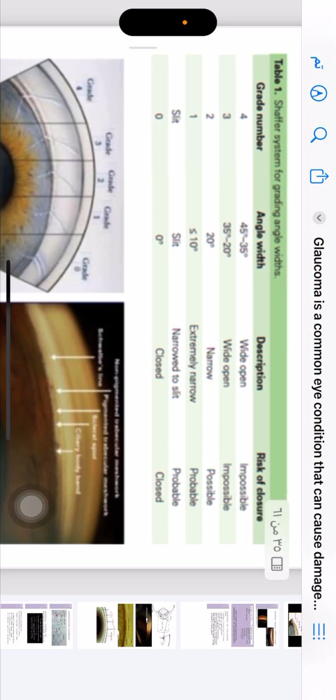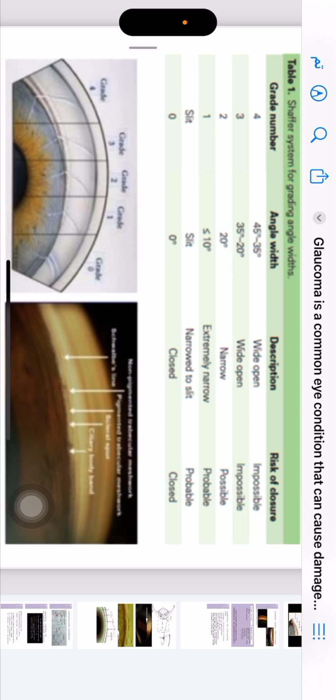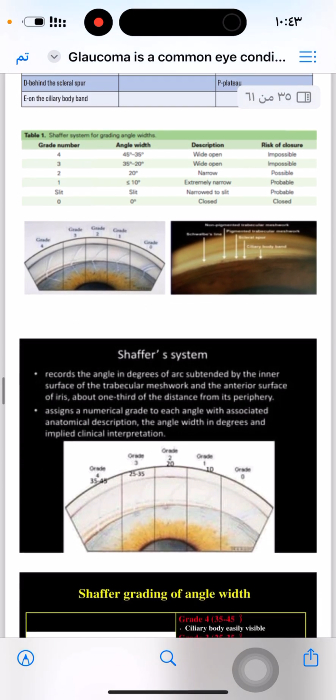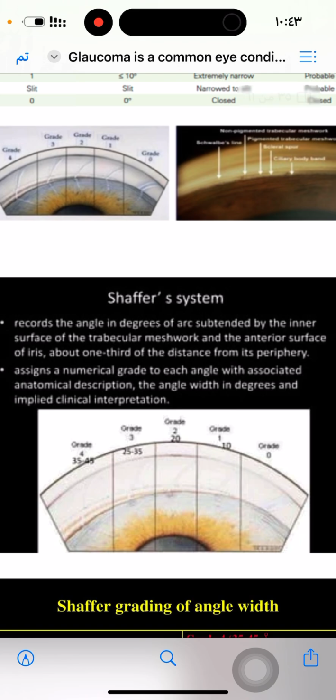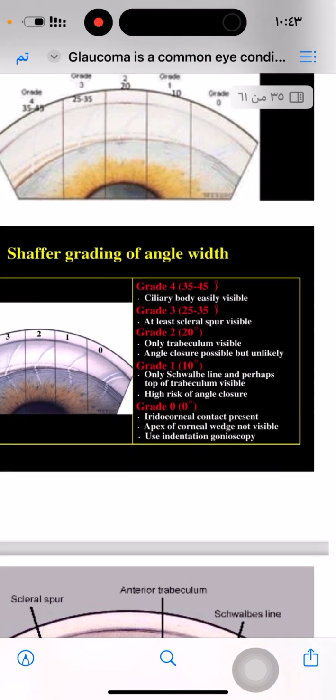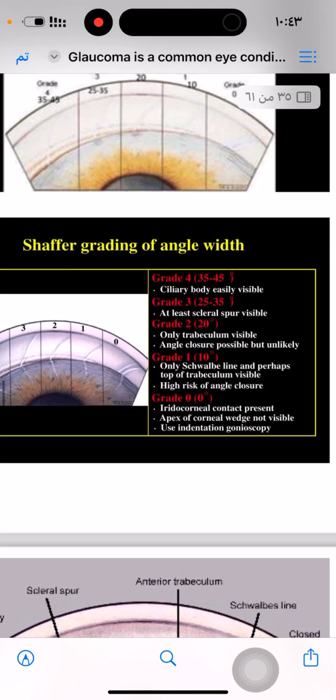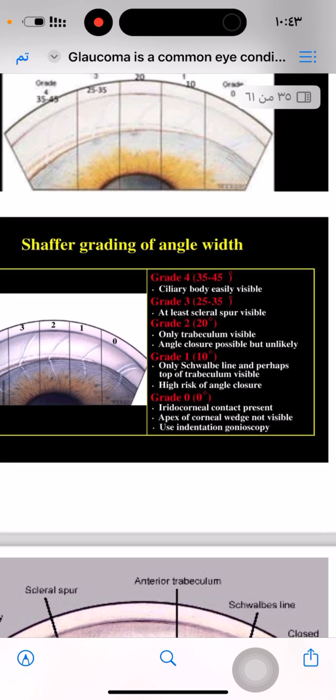We measure the angle according to this diagram, and according to this we usually detect the risk of closure. So easy. Shaffer's system records the angle. We will measure the angle and put it in degrees, according to the diagram, as we see here. Grade 0, apex of cornea not visible.